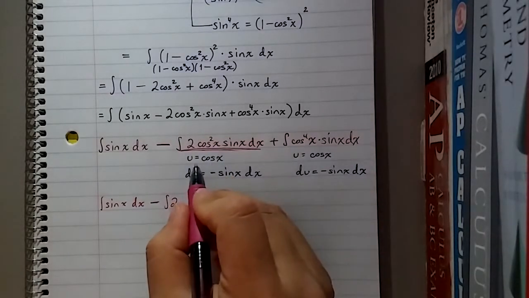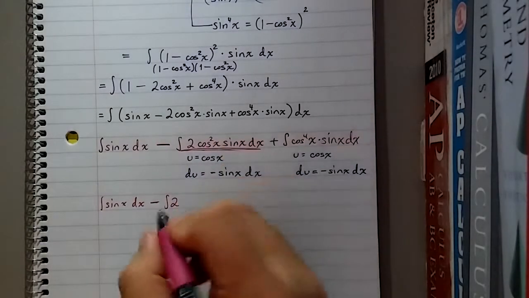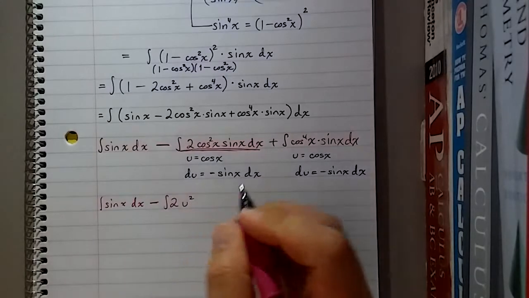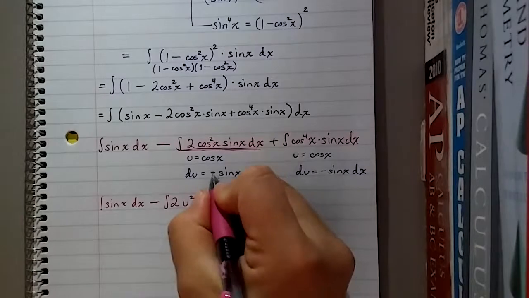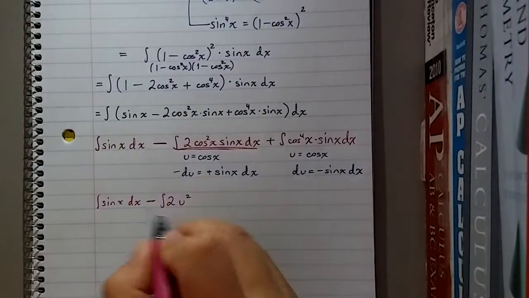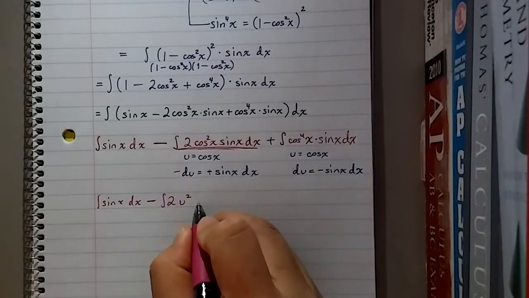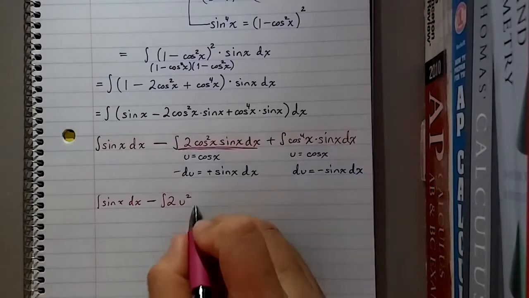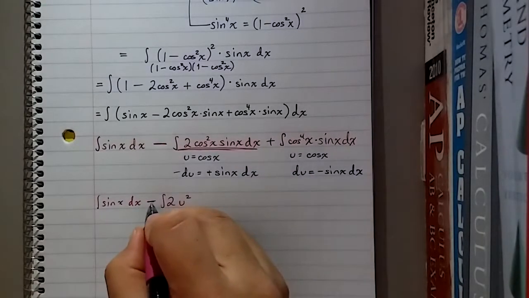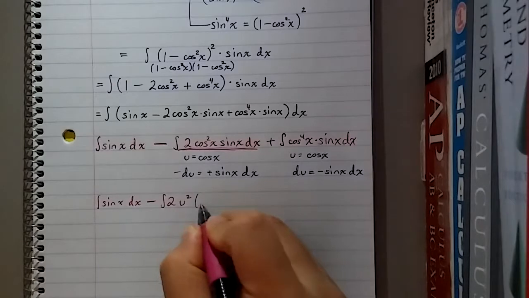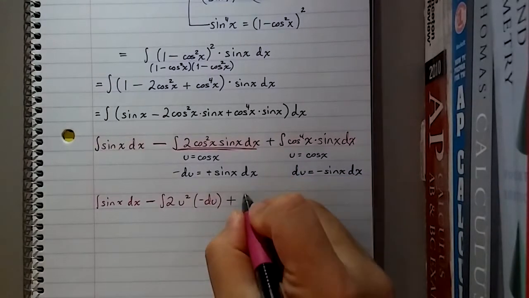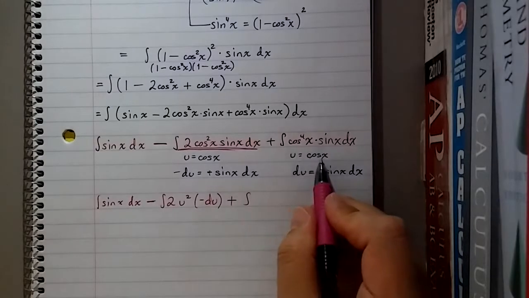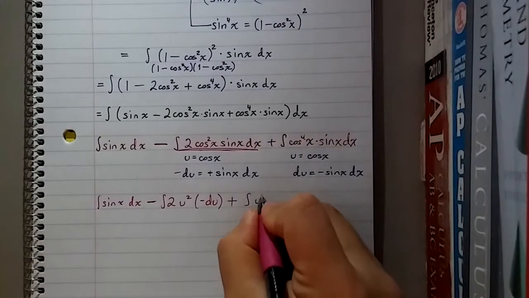Cosine is now u, so cosine x squared would be u squared, and sine dx is negative. Oh, there you go. So that would be a negative du. So that means I should explain this. I'm just going to put negative du here then. Okay. Plus integral of cosine is u, so u to the 4th.